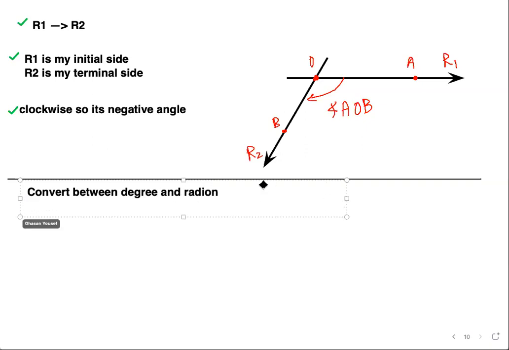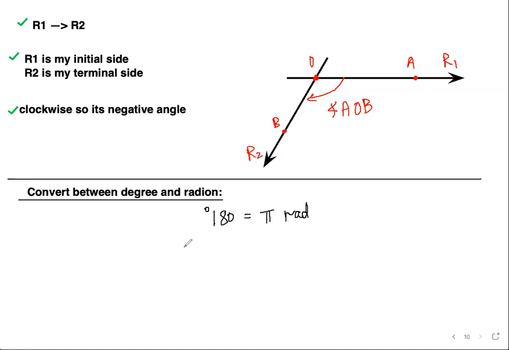Convert from degree to radian. You should know that 180 degree is equal to pi radian.